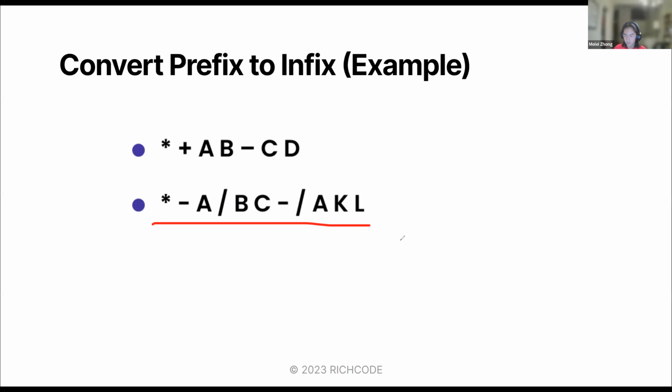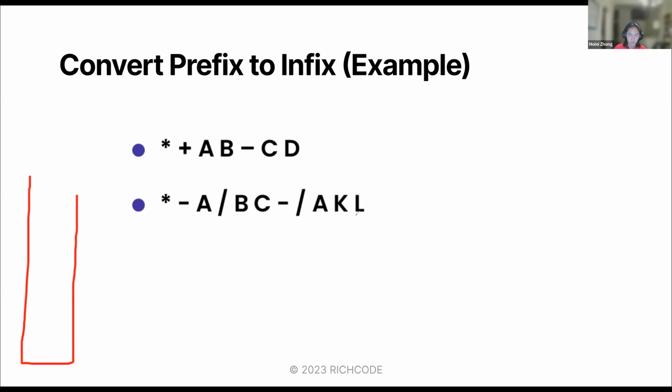Okay, I think a lot of people answered already, so let's go over this one. Let's set up our Pringles can or stack. We start with L, it goes in the stack, and then K goes in the stack.